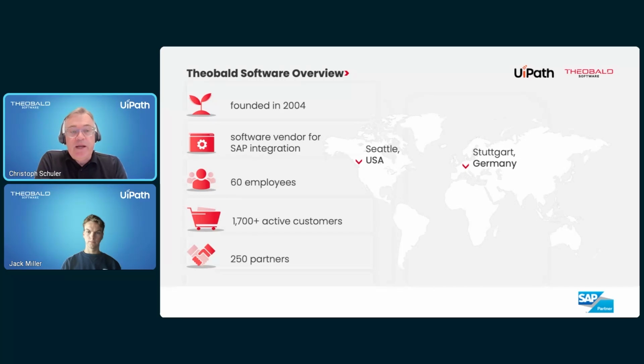Globally, we work with around 1,700 active SAP customers that use our products, and we also have a partner network. First and foremost, we are an SAP partner. We have an SAP-certified technology foundation, but we also partner with other technology companies, including companies like UiPath and others that integrate SAP data using our technology.